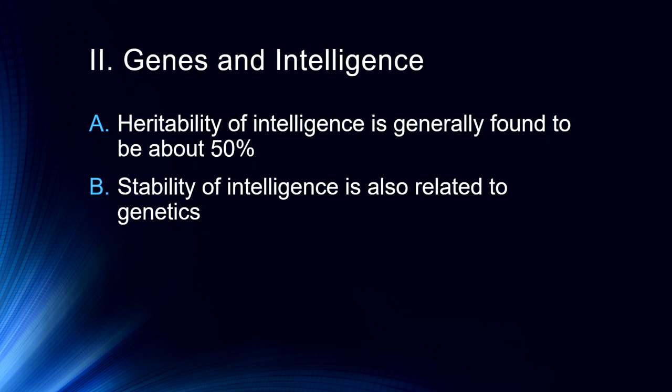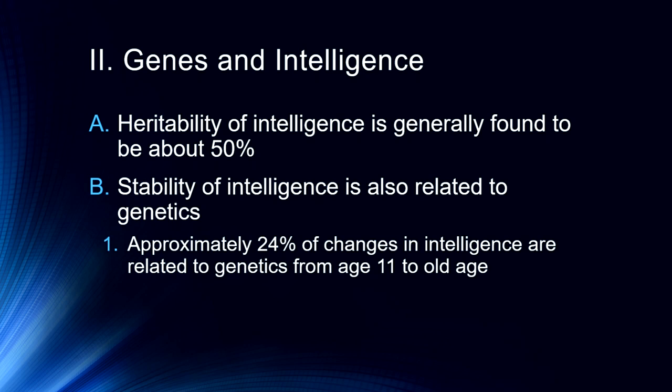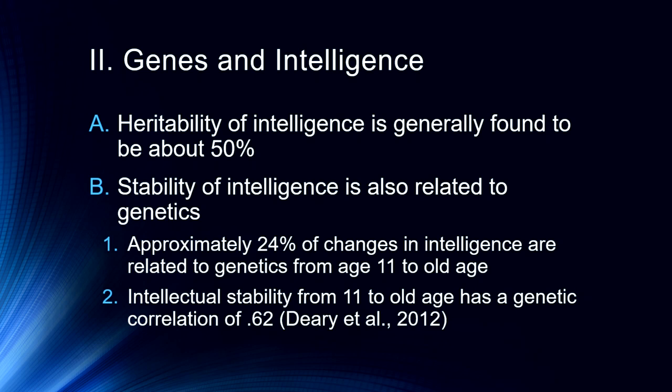The stability of your intelligence, though, is also related to genetics, and this is an important argument. About 24% of the changes in intelligence, so if you increase or decrease from age 11 to old age, is related to genetics. But more importantly, the stability of your intelligence has a pretty significant genetic correlation of about 0.62.